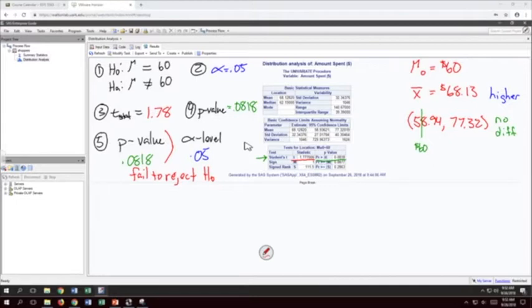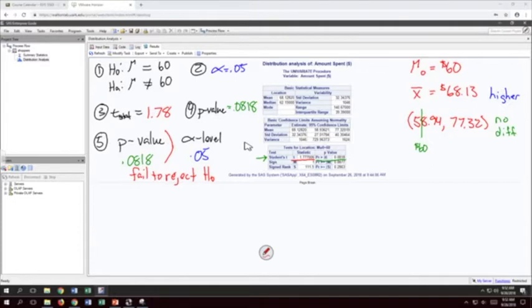What our p-value is telling us is the probability that, if our null hypothesis was true, this sample mean would occur in another sample. So I've got a 5% chance that I'm willing to make a type 1 error. The p-value is telling me that really 8% of the time I would probably be making a type 1 error, rejecting my null when I shouldn't be.